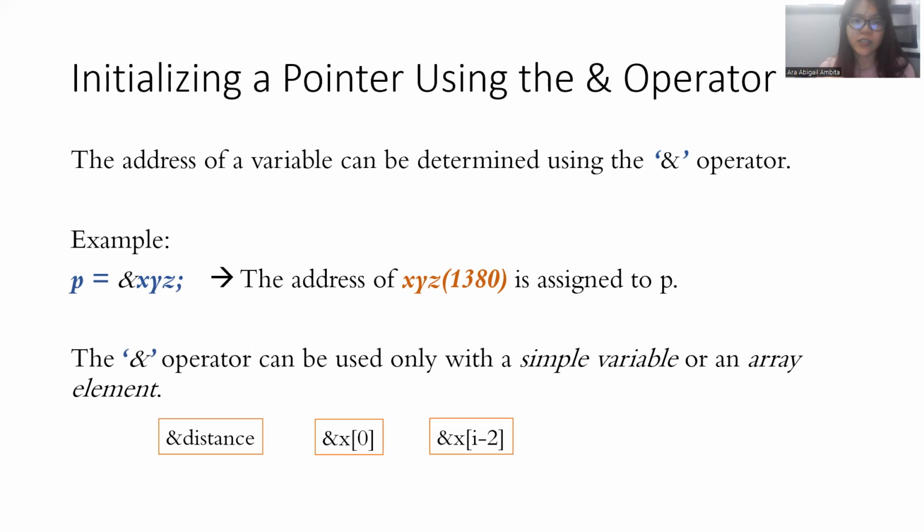And you can also initialize a pointer using the address operator. Remember that when we use the address operator before a certain variable, we are telling the compiler that we want to access its address.